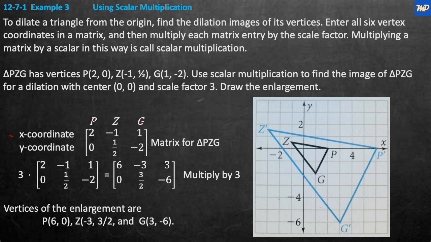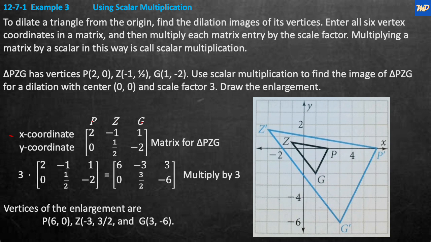For P, I enter x of 2 and y of 0: the 2 in the x coordinate row and the 0 in the y coordinate row. Then I do the same for Z, which is -1 and 1/2, and G is 1 and -2. That's the matrix for triangle PZG.